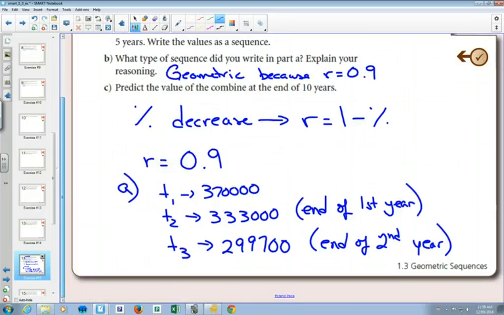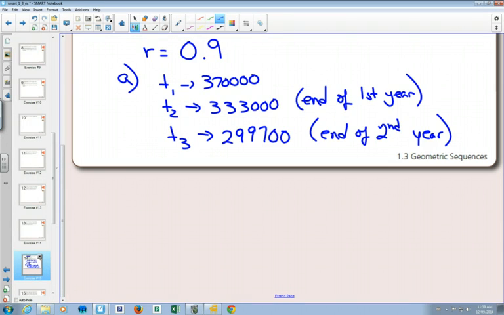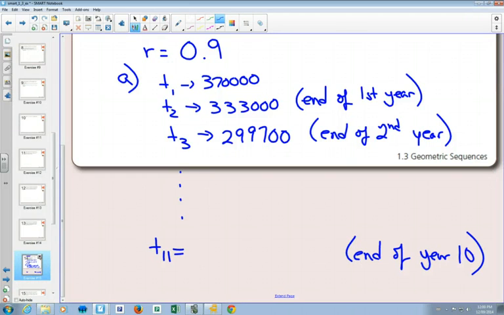In part C here, if you wanted to keep going to the end of the 10th year, or end of year 10, which term will it be? Term 11. So most common mistake, sometimes the textbook did term 10 instead of term 11. I know that the program that makes the quizzes and stuff had the answers wrong.